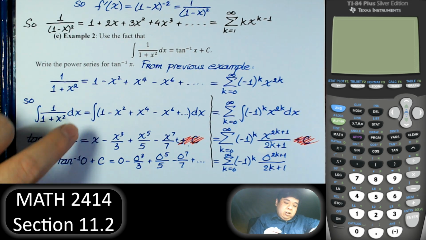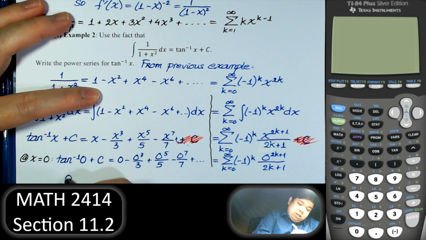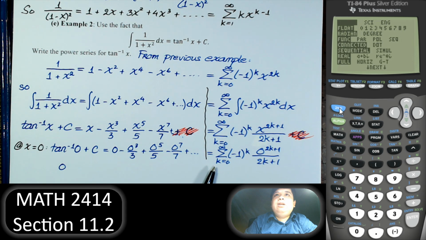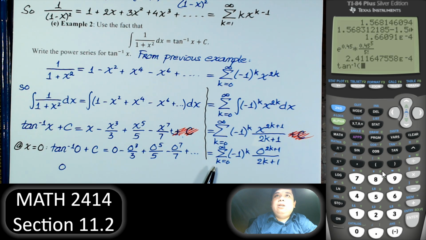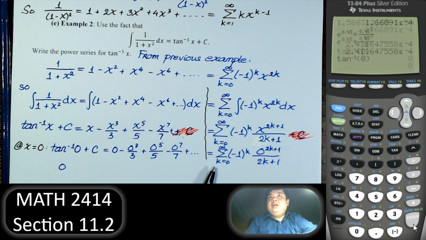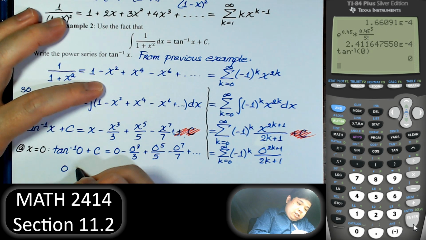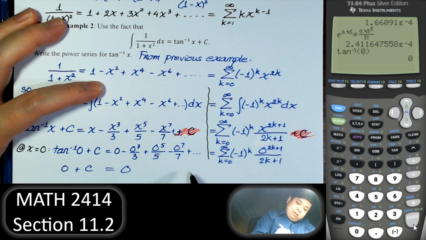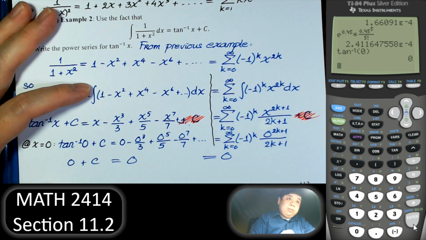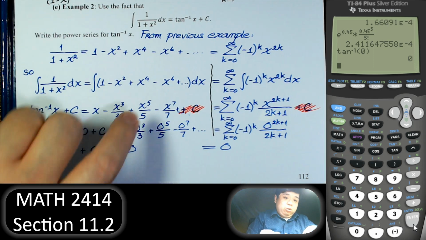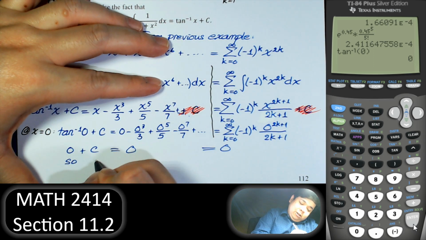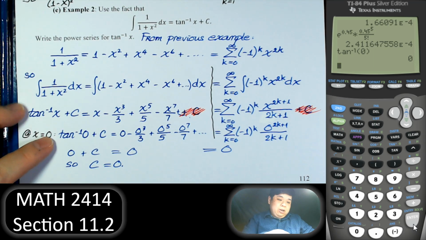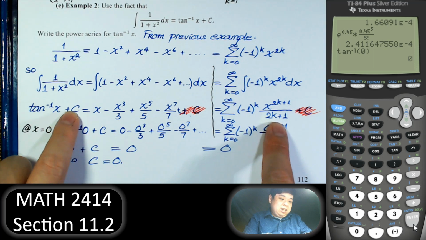Now, tangent inverse of 0 is 0. We have a calculator here, why don't we use it? So that's 0. So we have 0 plus c, and all of that equal to 0. So from here, of course, c has to be equal to 0. Because of when we write a series like that, c has to be 0.